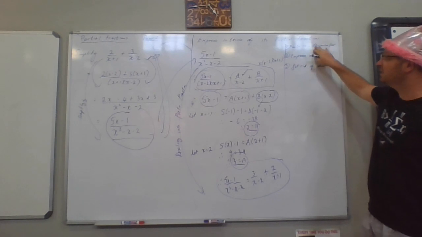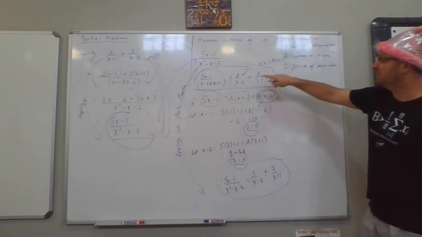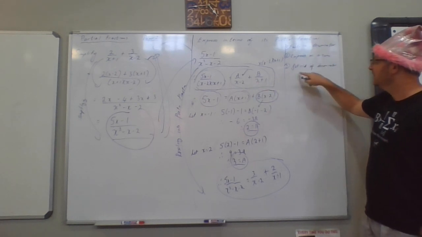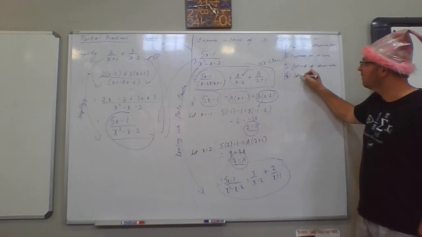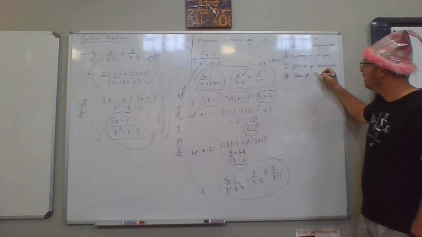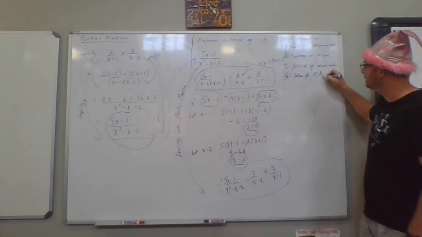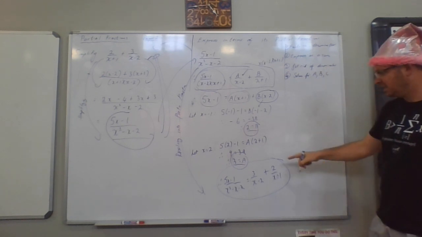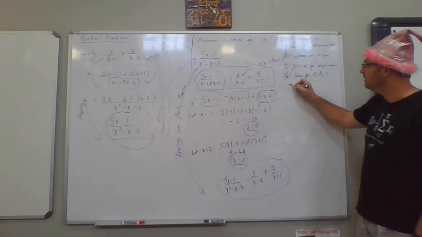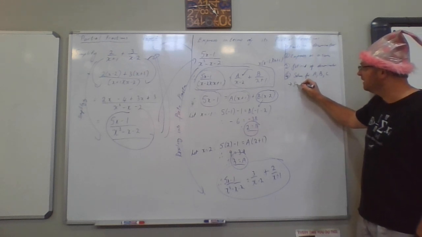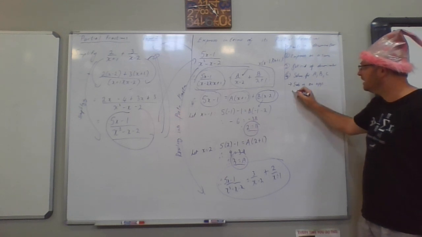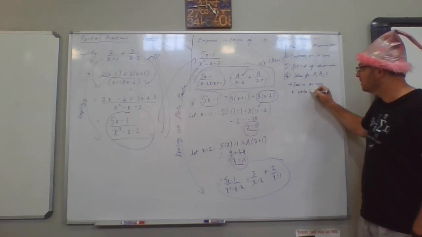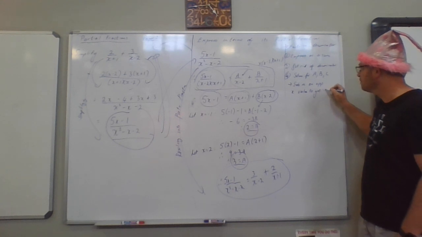Okay, so your steps were factorize the denominator, express it as a sum, get rid of the denominator, solve for what we call capital A, B, sometimes there's a C as well, and you do that initially by subbing in an appropriate x value to get rid of a term.